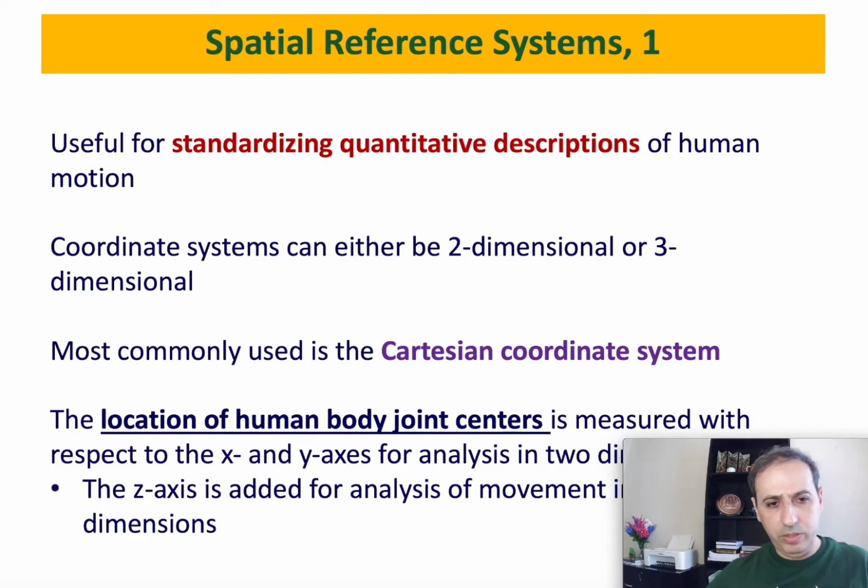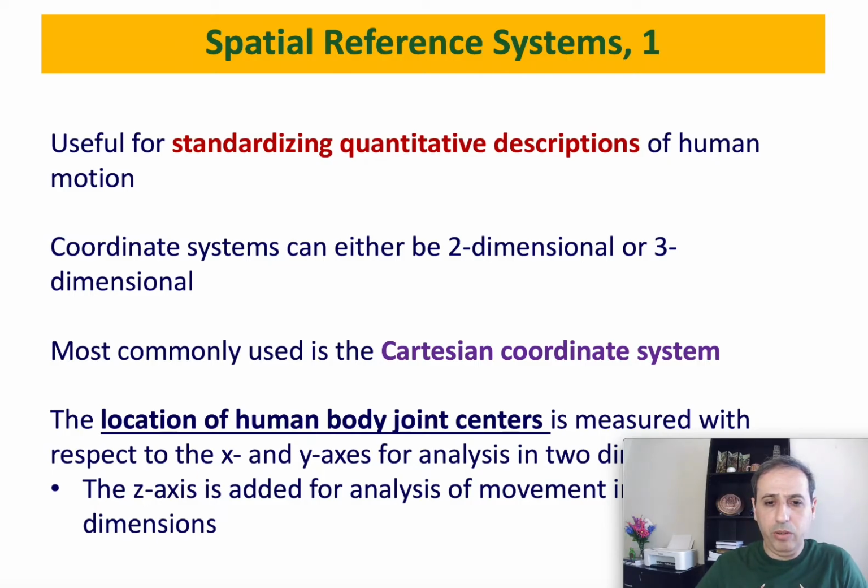Usually we have two-dimensional or three-dimensional coordinate systems, and the most common one is the Cartesian coordinate system. However, in a lot of our analysis of human motion, we use angular systems, and we'll talk about this as we move on.